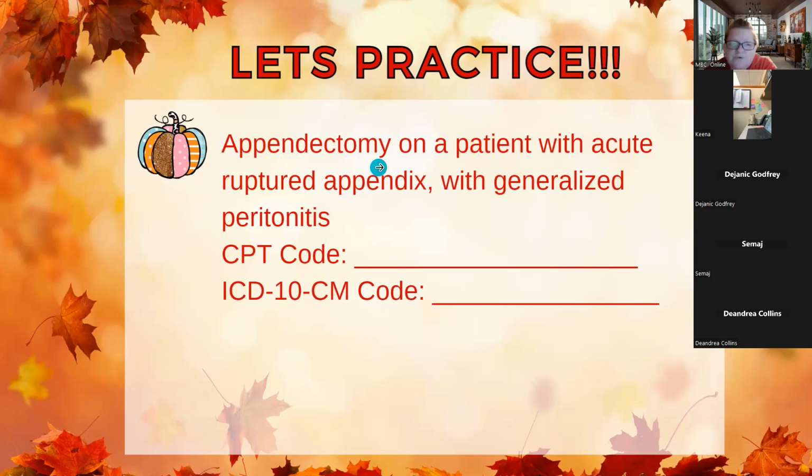As you go through the program, you'll see different places where you learn about medical terminology and how to break terms down. At the end of appendectomy, E-C-T-O-M-Y, that's an indicator that it is a medical procedure. And peritonitis ends with I-T-I-S.